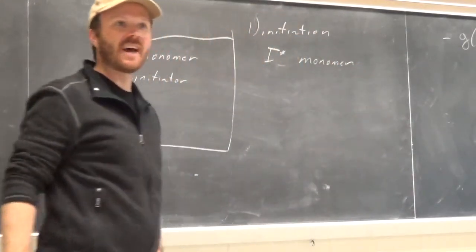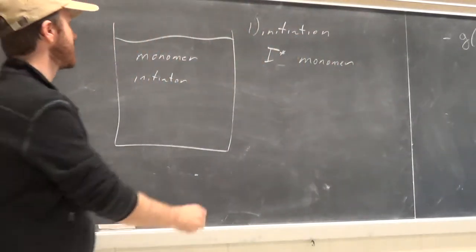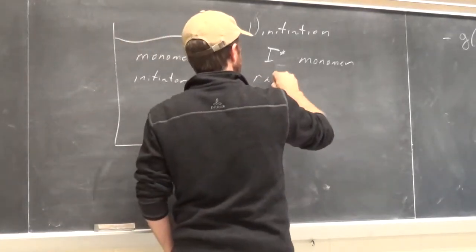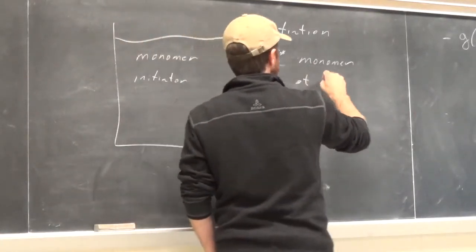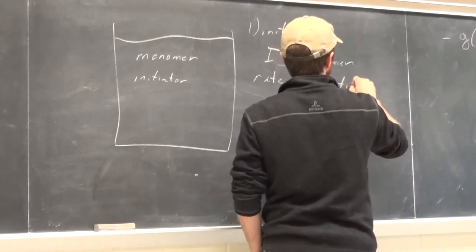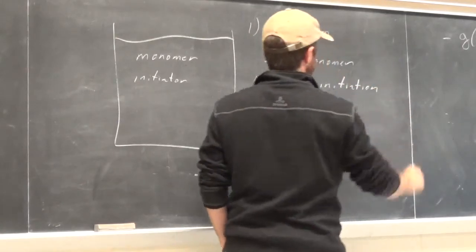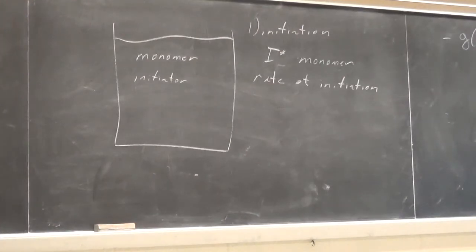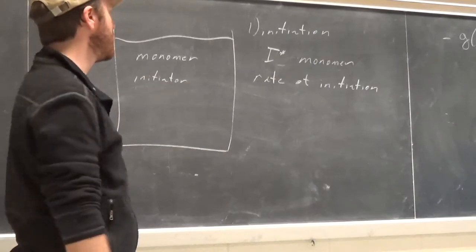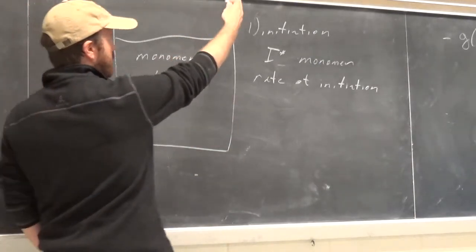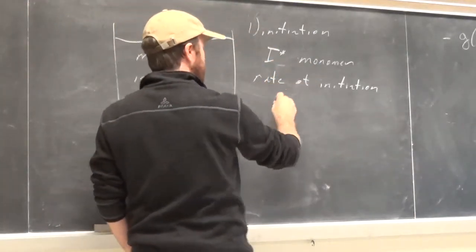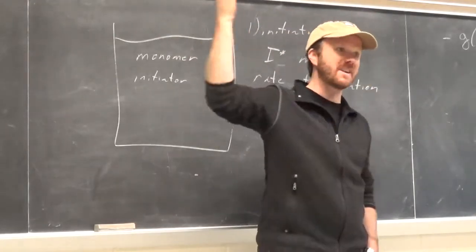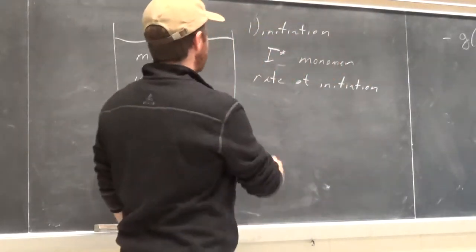We can give that a rate, the rate of initiation. Let's make it easy and talk about chain growth polymerizations. This rate of initiation will determine the initial slope for how fast we build up the molecular weight.